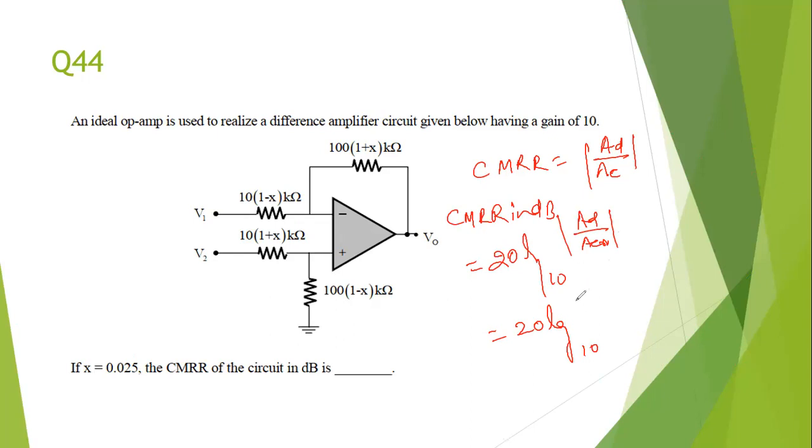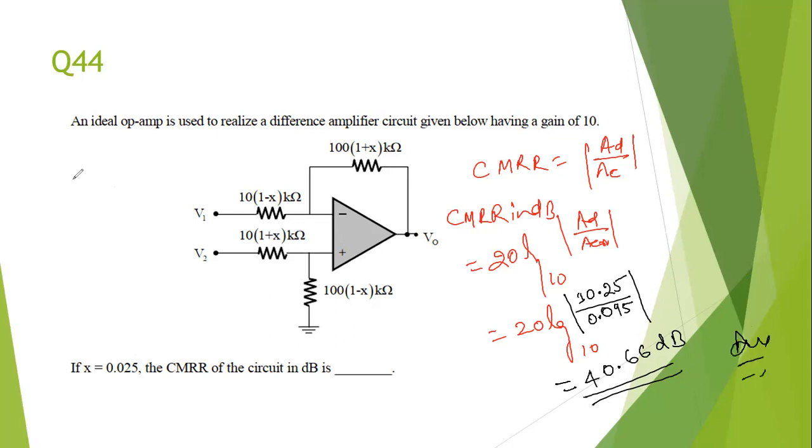The AD value is 10.25. What's the AC? AC is 0.095. And after solving, this is approximately 40.66 dB. So approximately 40.66 dB is your right answer.